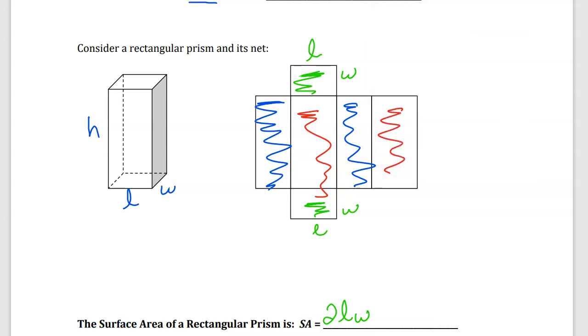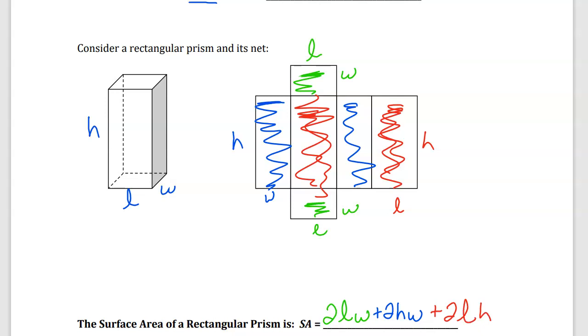Then my blues will be a height times the width, height times the width, so I'll have 2 height times my width. Then these two red ones will be a length times the height, so that's 2 length times height.